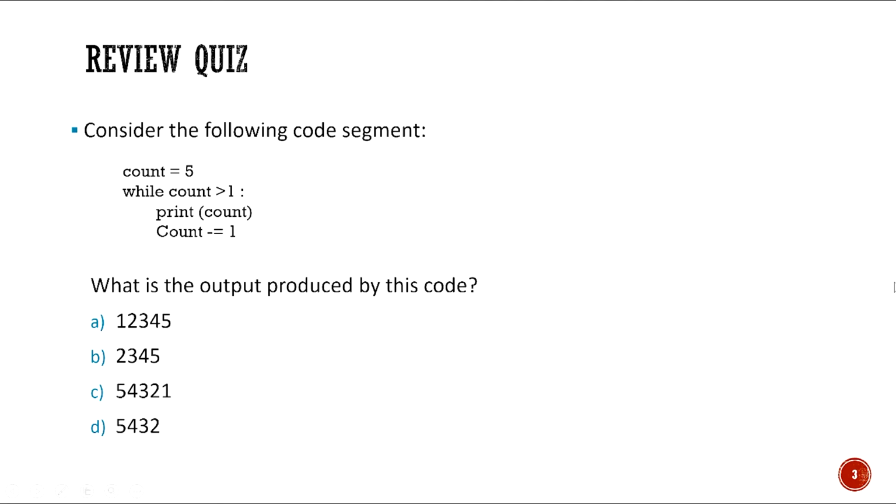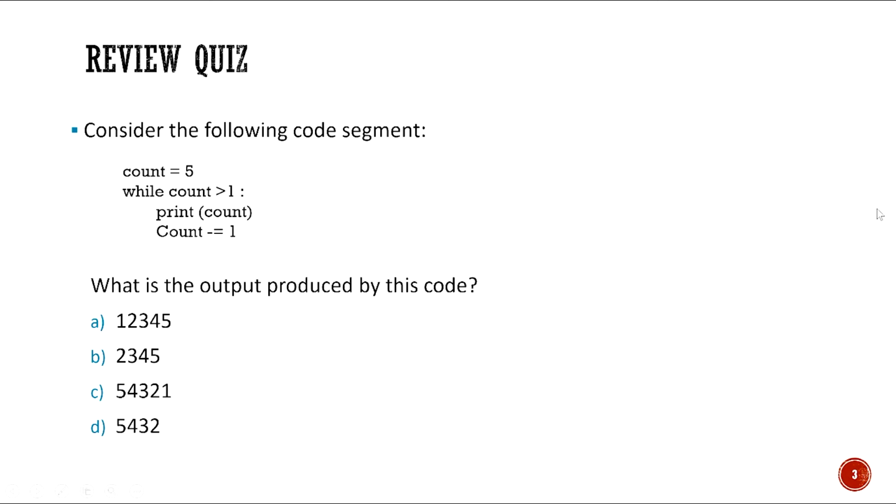Okay, we can trace the algorithm manually. Count is 5. 5 is larger than 1, so the condition is correct. Then we print count. So the first number is 5. Then 5 minus 1 becomes 4. 4 is still greater than 1, so the condition is met, so we print 4.